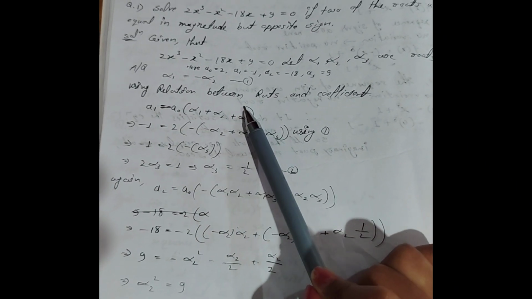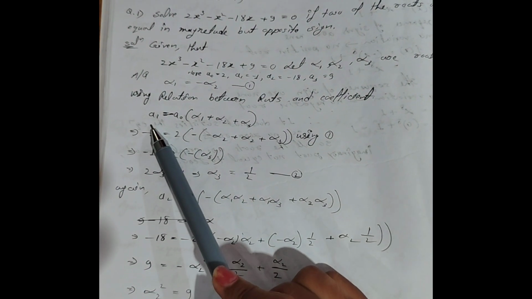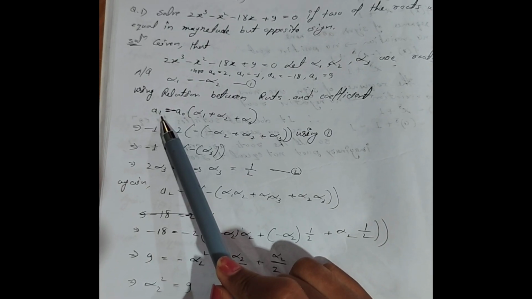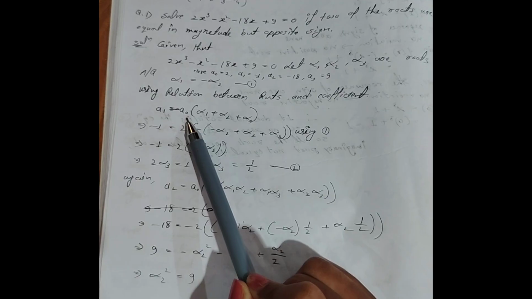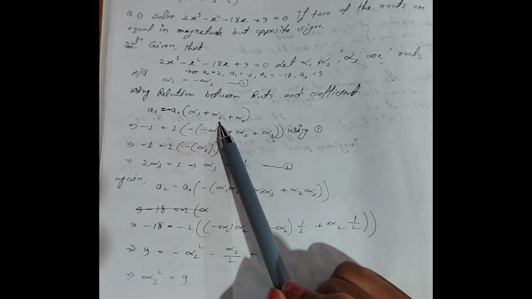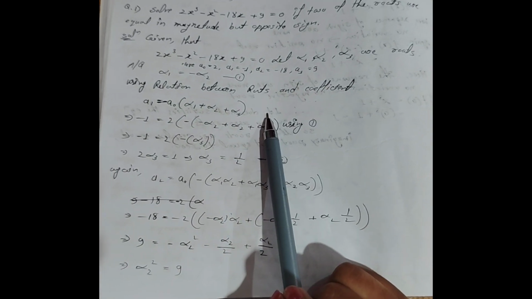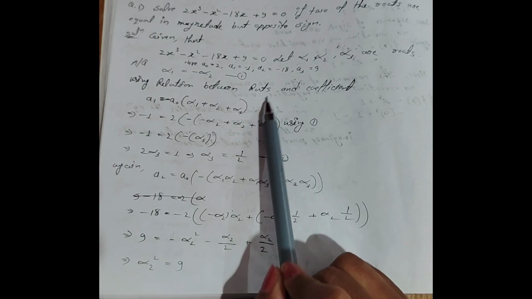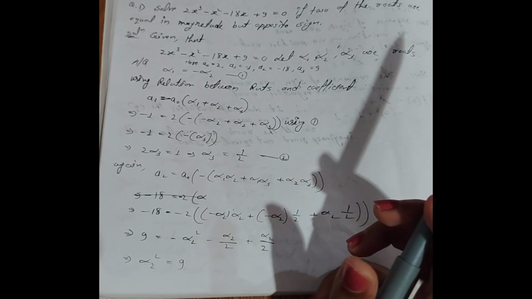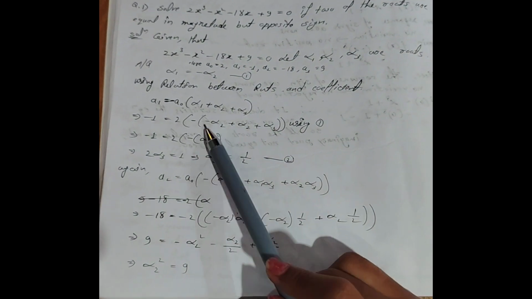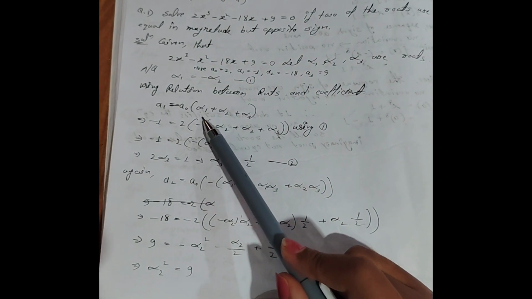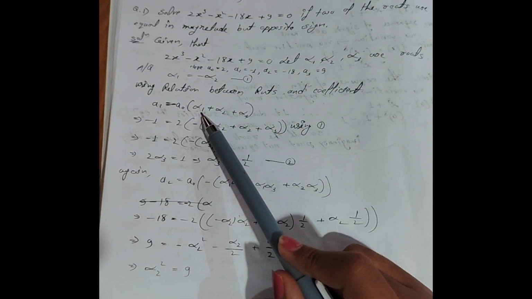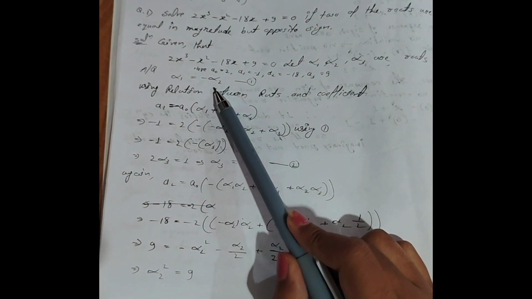Using relation between roots and coefficient, we'll get the value of a1. a1 is equal to minus a0 times alpha 1 plus alpha 2 plus alpha 3. Now we'll put the values of a1 and a0 in this equation, and in place of alpha 1 we'll write minus alpha 2.